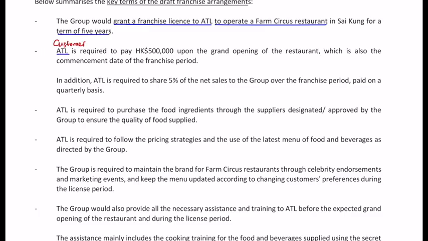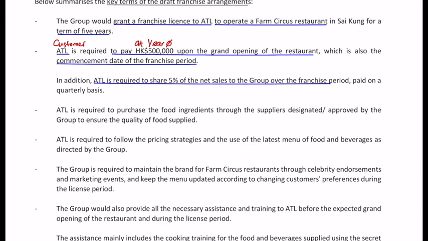ATL, the customer, is required to pay $500,000 upon the grand opening of the restaurant at year 0, which is the commencement date of the franchise period. On top of that, ATL is required to share 5% of the net sales with the group over the 5 years, payable on a quarterly basis.